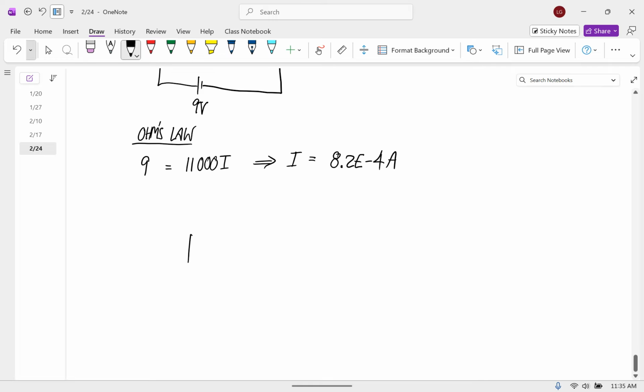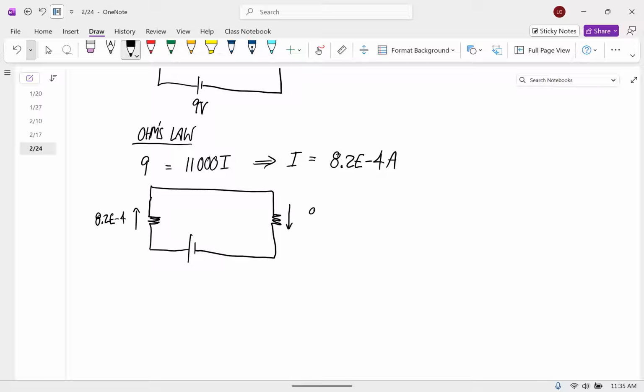So now I'm going to expand it. And we know that there's a current here of 8.2 times 10 to the minus 4, and a current going this way of 8.2 times 10 to the minus 4.